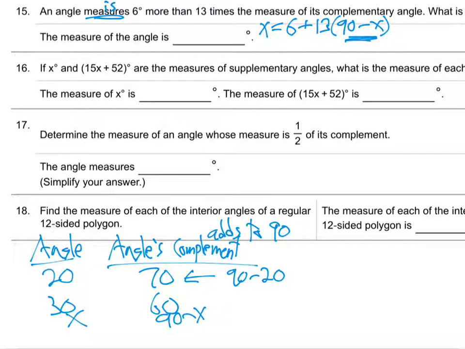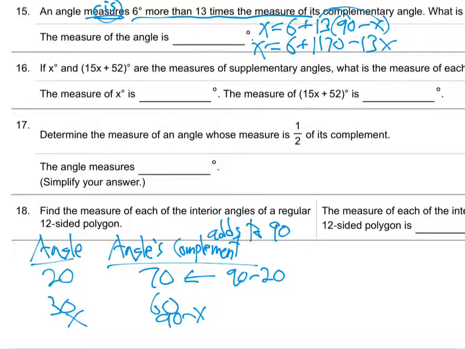That's its complement. So we get this little equation here, which says x equals 6 plus 13 times its complement, right? The angle is 6 more than 13 times its complement. So x is 6 more than, distribute that 13. 13 times 90, what am I getting? 1170 minus 13x.